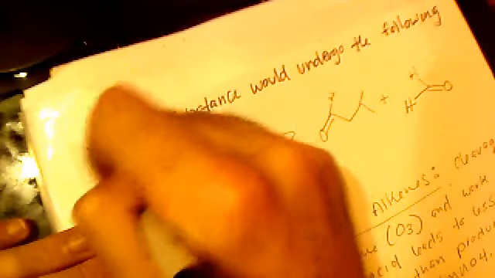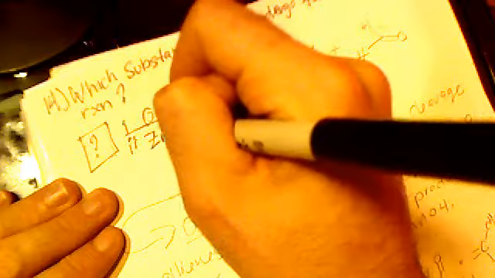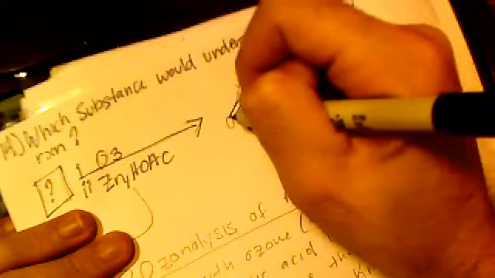So I have some molecule, I don't know what it is, and first I treat it with ozone, and then I treat it with zinc in acetic acid, and I get these two molecules right here.